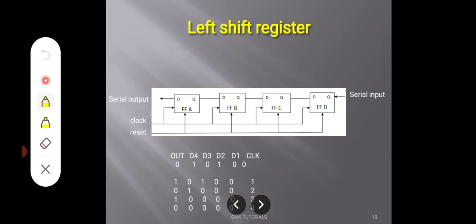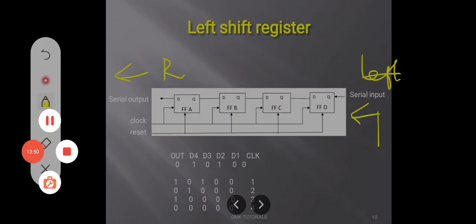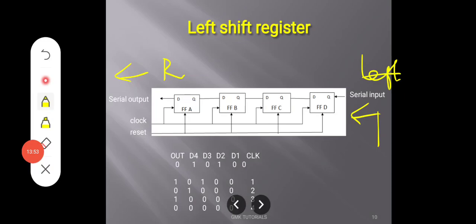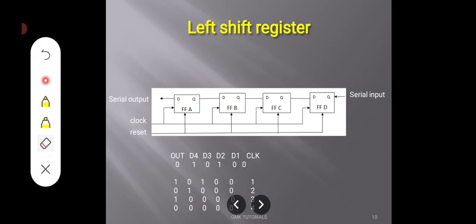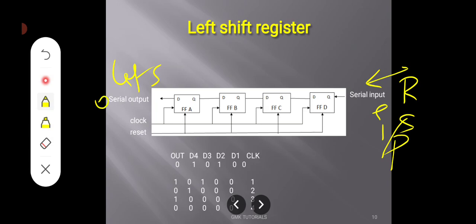Left shift register means we are applying the data at the left side and taking the output at the right side. So this is the right side, and this is the left side.